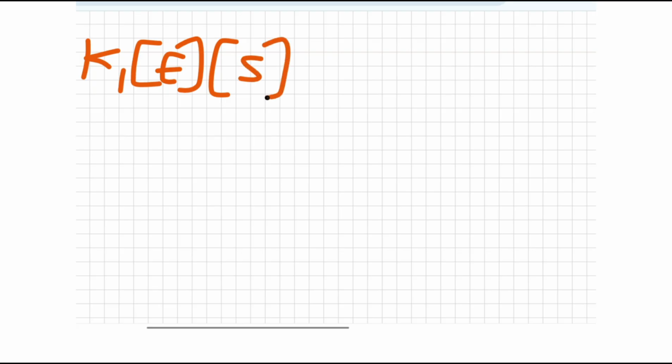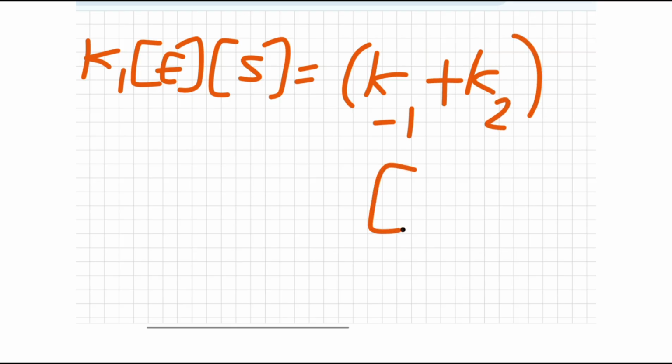So the steady state equation is K1 times enzyme times substrate equals, in brackets, K minus 1, the rate constant for dissociation of the enzyme-substrate, plus K2, times ES, the enzyme-substrate complex.